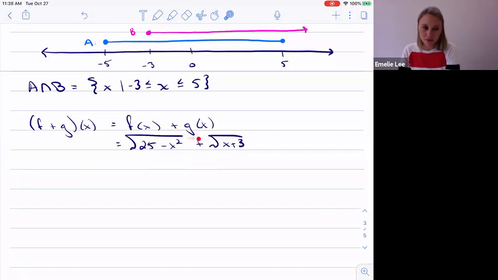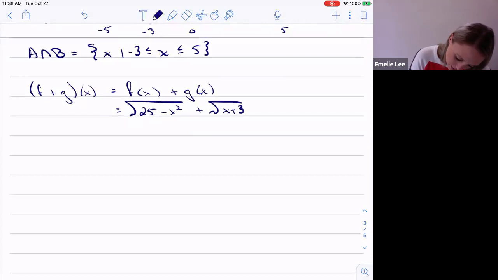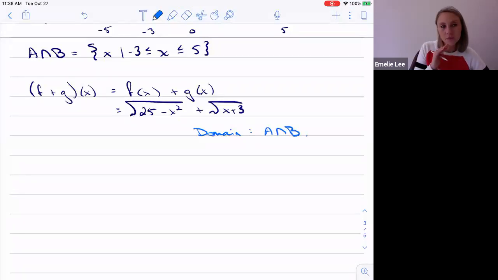I cannot put them under the same square root. I can only do that if I'm multiplying or dividing, because of those exponent laws that we talked about. So it looks like I'm stuck here, and that's okay. I'll just leave it at that. And the domain here is A and B, which is the one that we just found here.